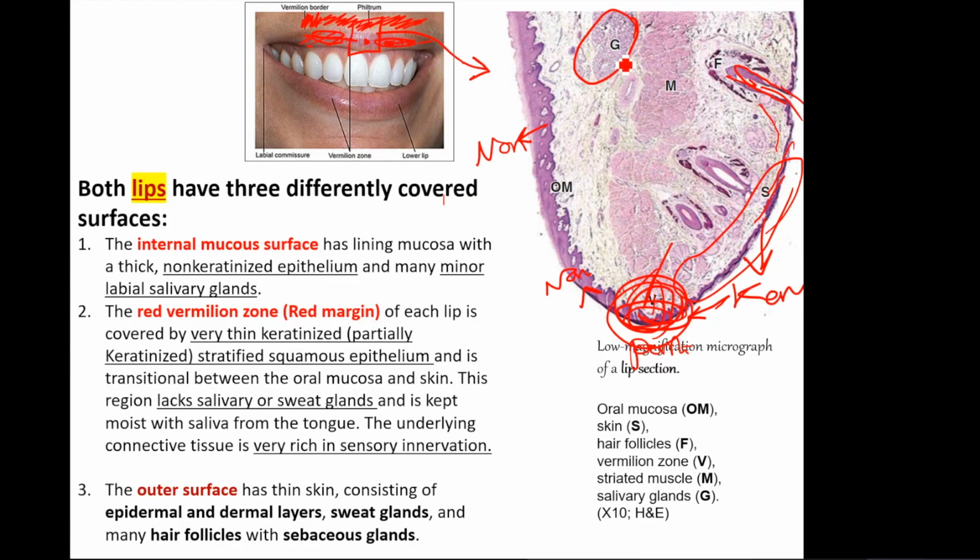So these are minor salivary glands that work continuously 24 hours. These are examples of minor salivary glands, because we have major ones like parotid, submandibular, and sublingual. Of course, we cannot ignore, and I think we forgot to talk about the muscle in the lips, skeletal muscle.